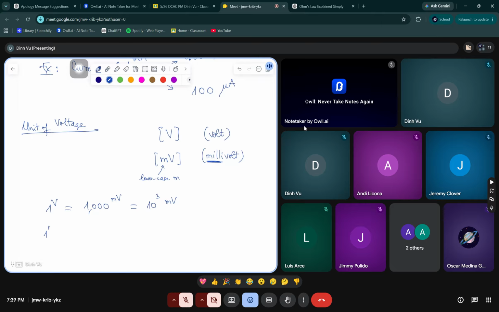Inversely, 1 millivolt is 1 over 1,000 of volts. 1 millivolt is 1,000 times smaller than volt. Or you can write this as 10 power negative 3 of volts.